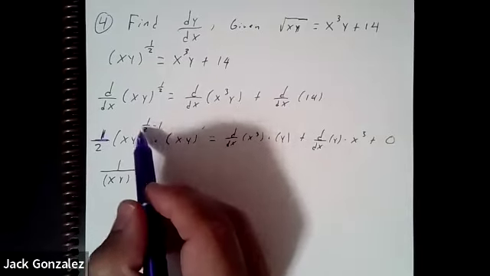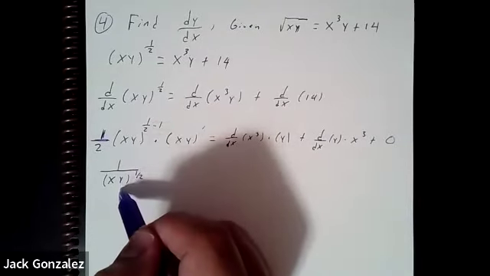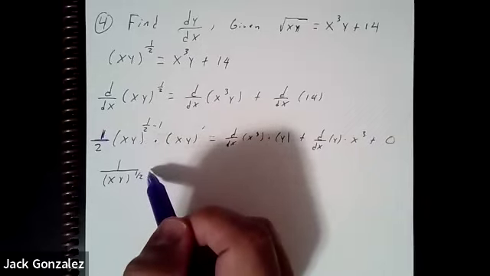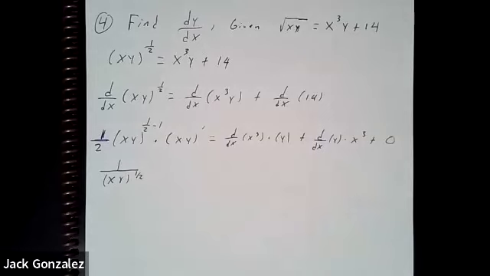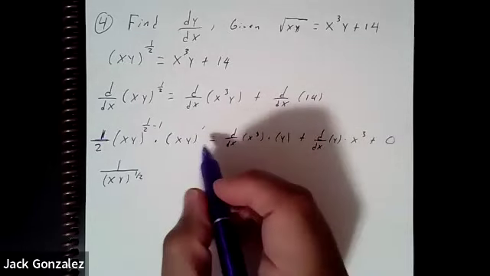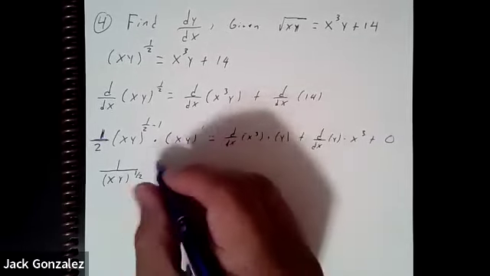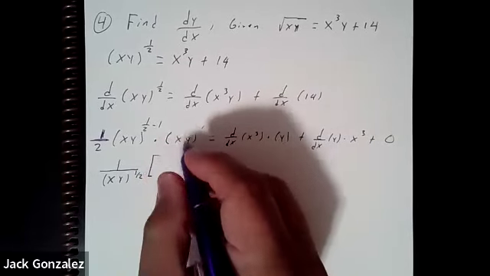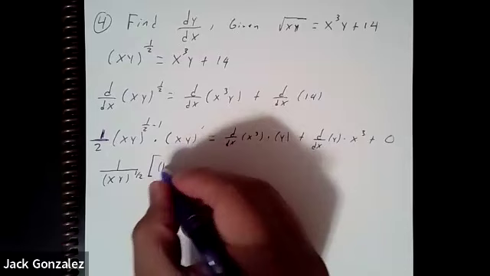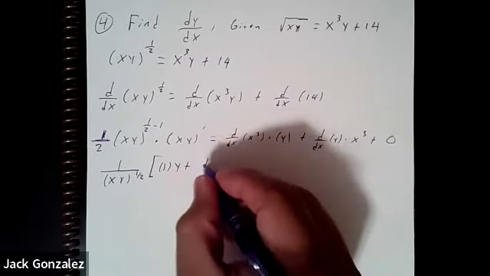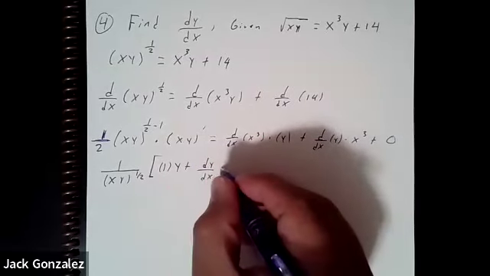But this is going to be -1/2, so it's going to come down, right? Is that okay to skip? Yes. Okay, just let me know if you want more elaboration. This will be a product rule, so this will be times the derivative of this, which is 1 times y plus the derivative of y, dy/dx, times x.